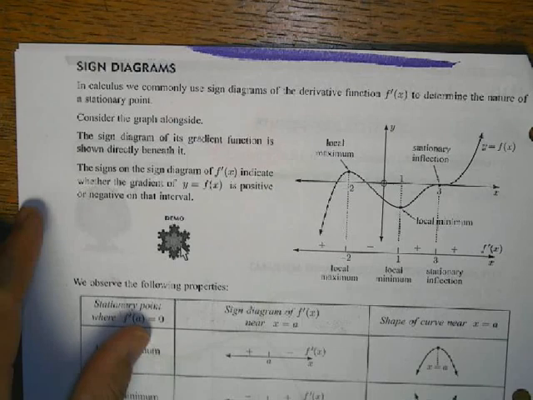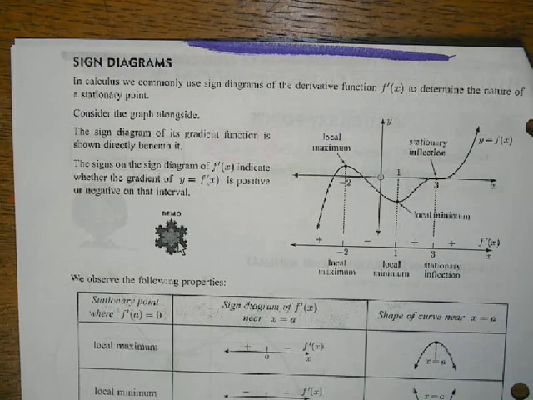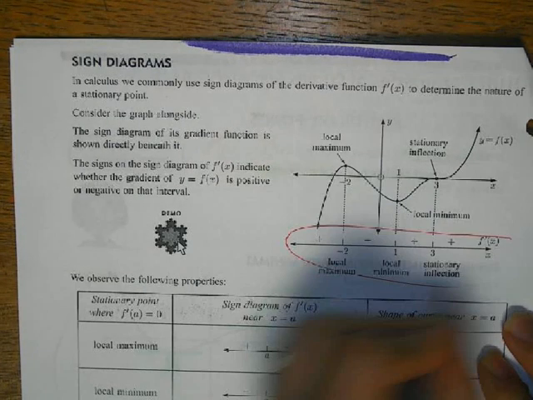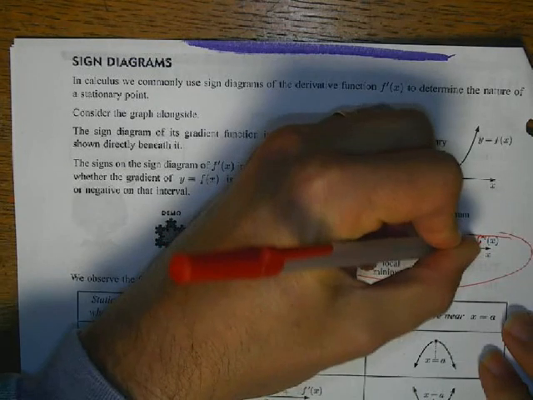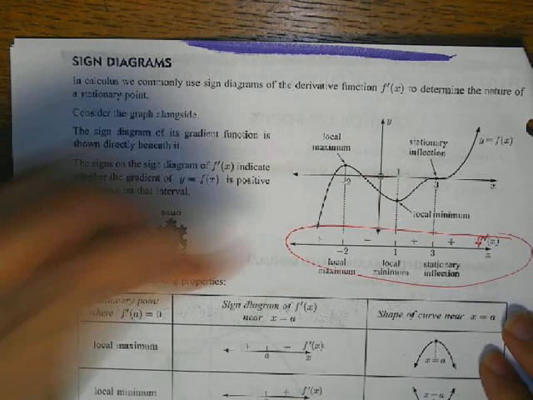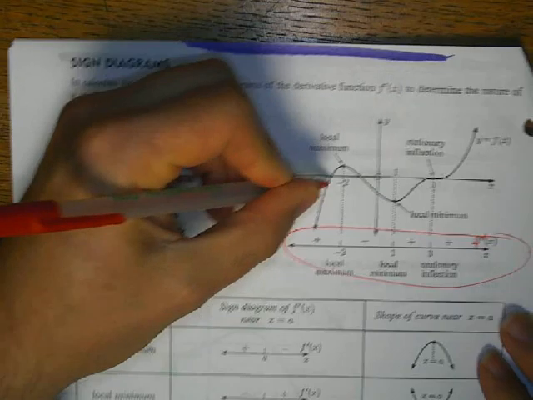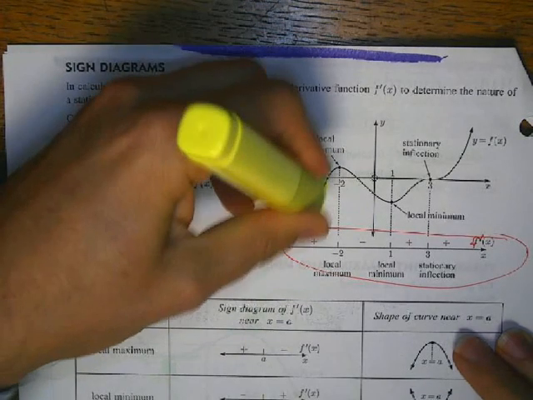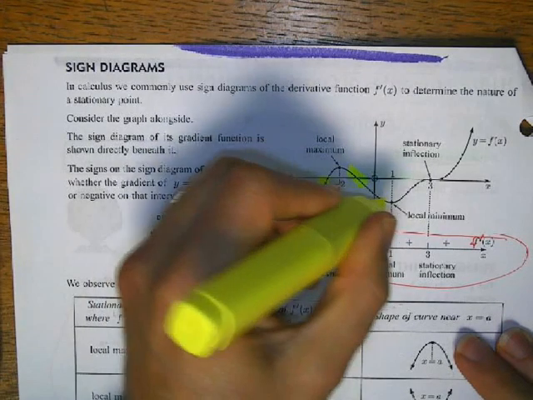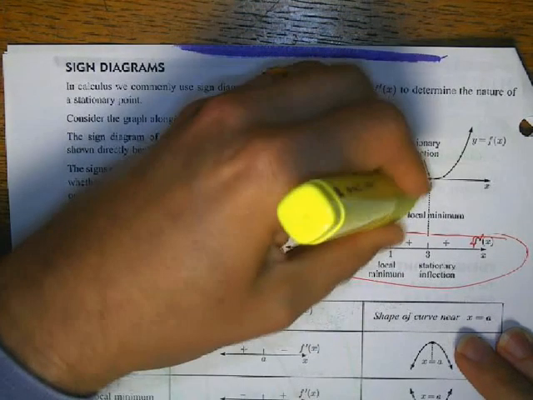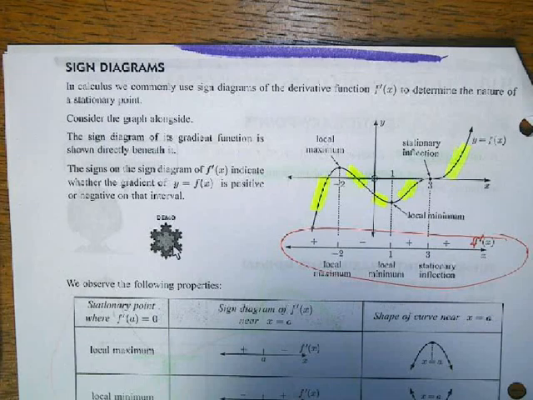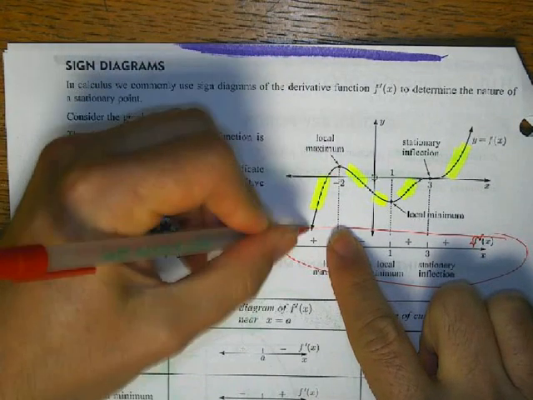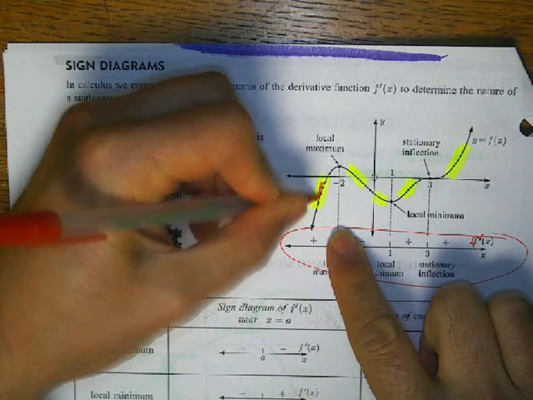Okay. So now I'm going to talk about sign diagrams. Here is a sign diagram of the first derivative. If we look at this picture, anywhere between this dot and over here, you can see the slope is going up.